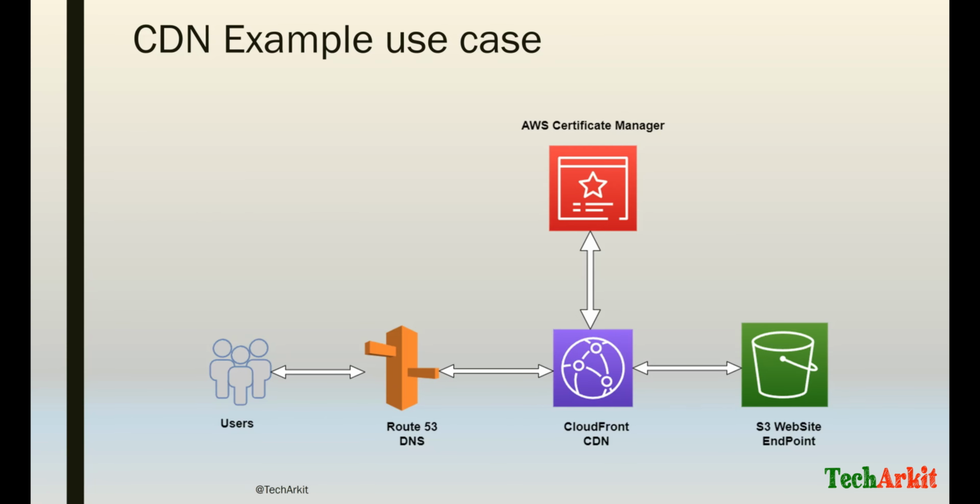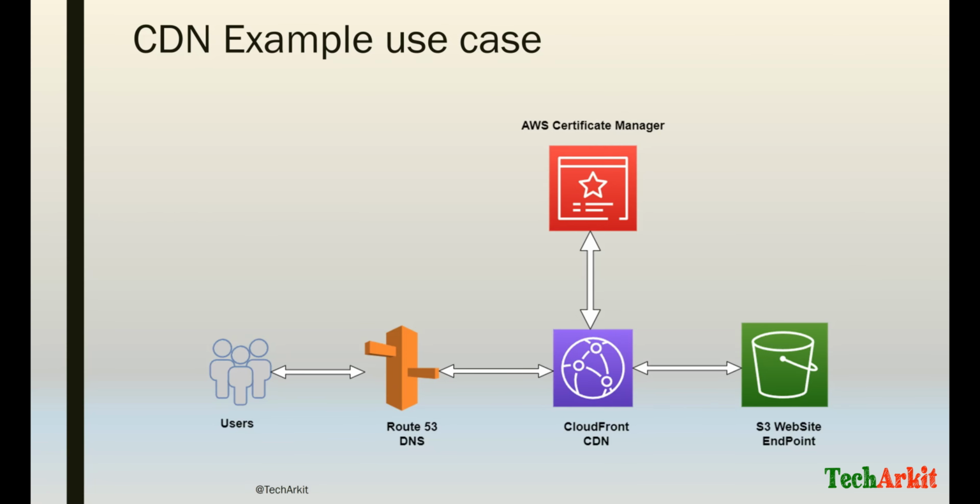AWS Certificate Manager actually verifies that your content is secure, whether the encryption method is enabled or not. If you have an S3 static content website, then it reaches the S3 endpoint where you have hosted your website.